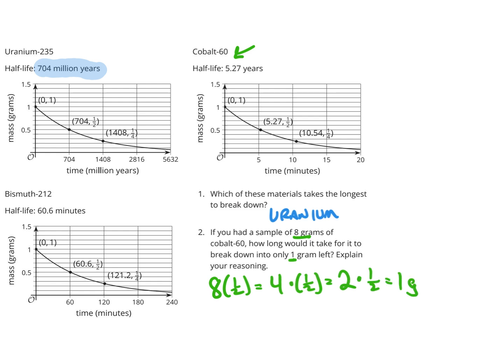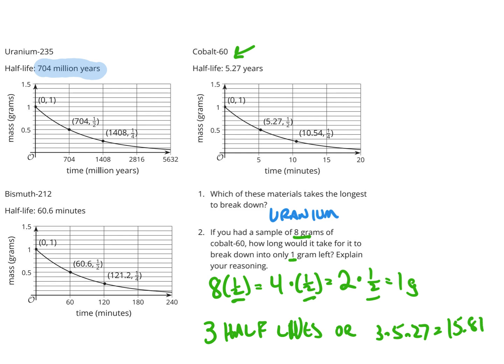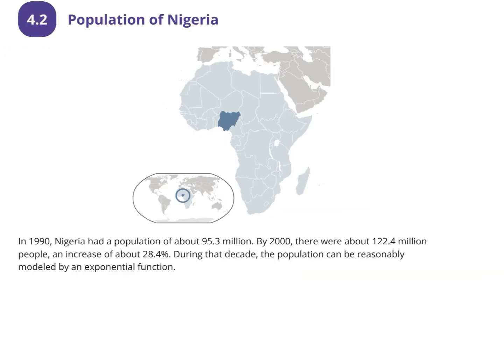So to get to 1 gram, I had 1, 2, 3 half-lives. 3 half-lives, or 3 times 5.27 will give me a little bit over 15 years, 15.81 years.